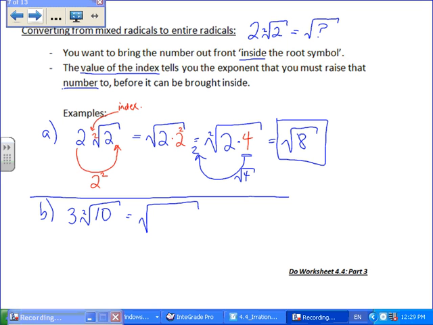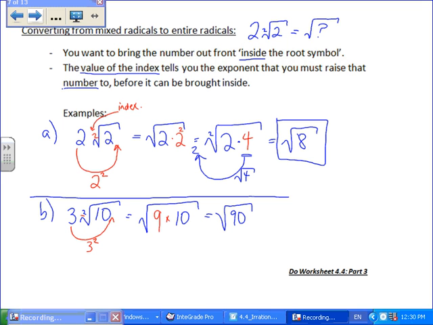If I want to bring that 3 inside, I have to square it. So we get 3 squared, which is 9, times the original 10 that we had in here. And so our answer is going to be the square root of 90.